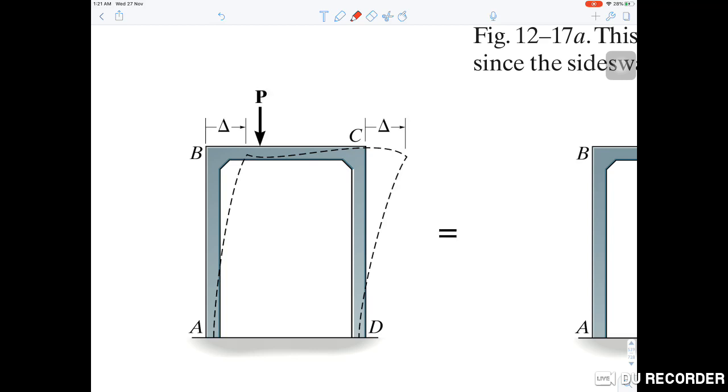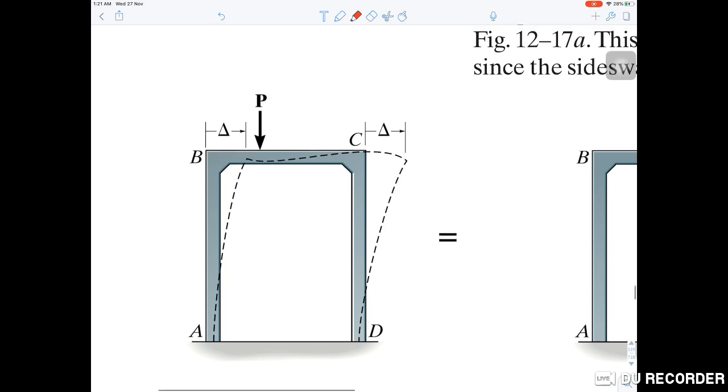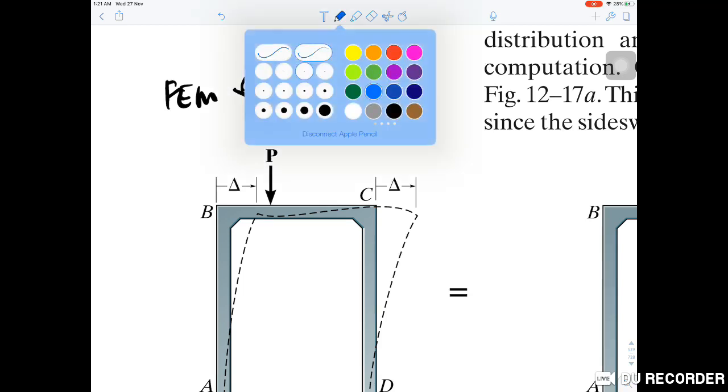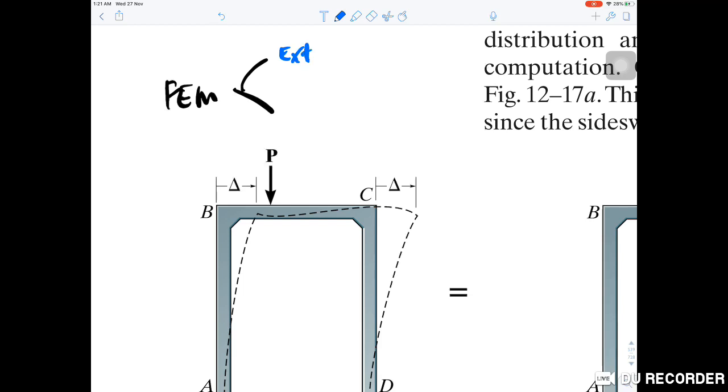So there is a combination of two now. One is external load, one is delta. Because remember, FEM, end moment, can occur due to two conditions. One is from external load, and another one comes from delta.